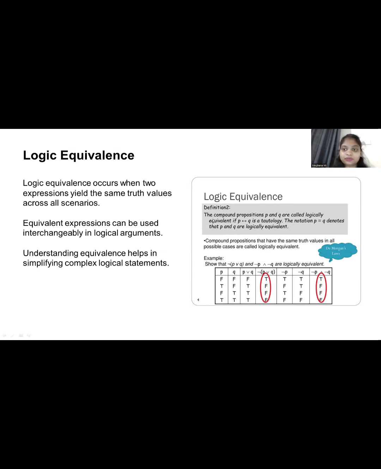Logical equivalence, the definition: the compound propositions P and Q are called logically equivalent if P biconditional Q is a tautology. The notation P equivalent to Q denotes that P and Q are logically equivalent. Compound propositions that have the same truth values in all possible cases are called logically equivalent.